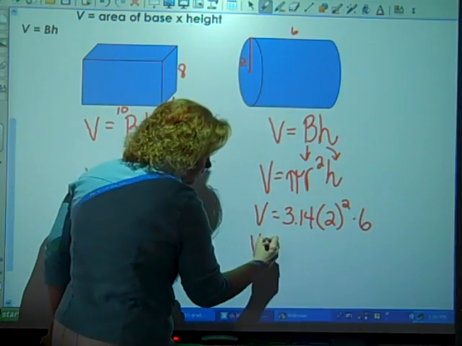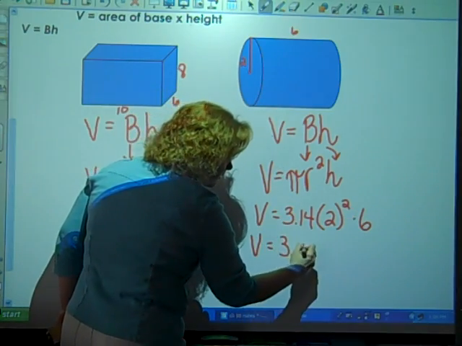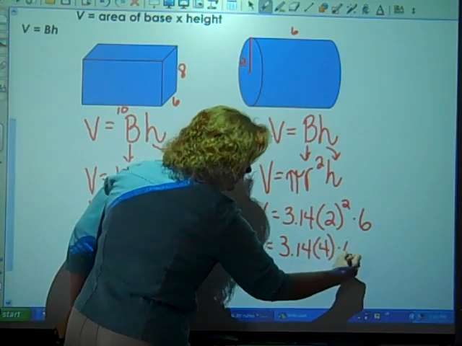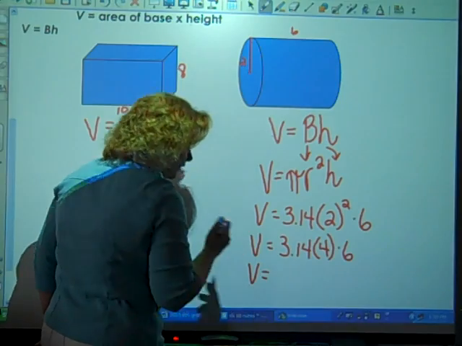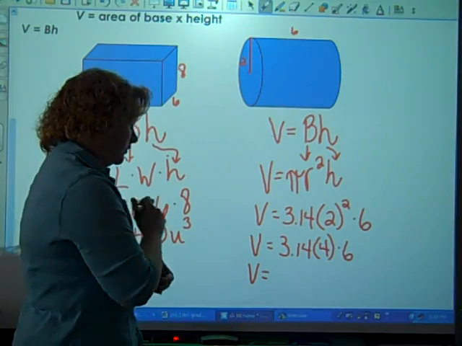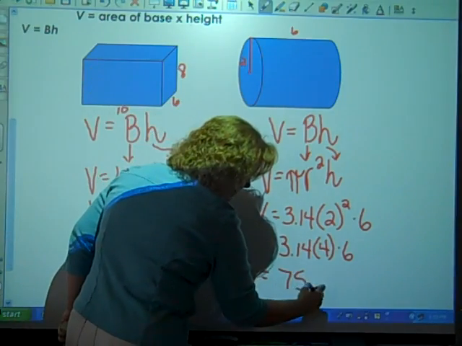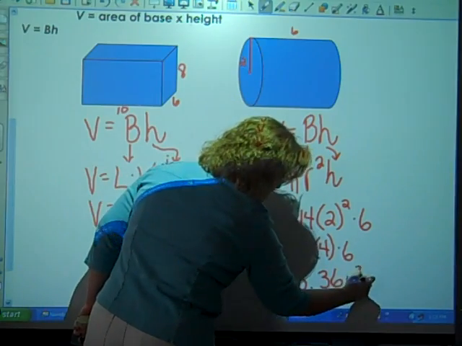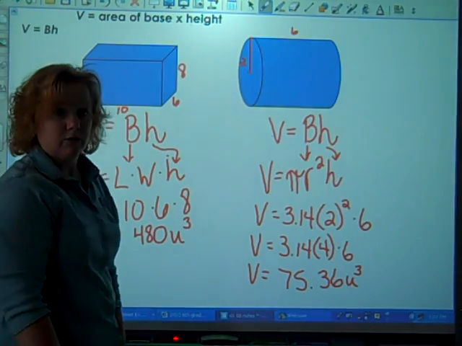I'm just going to solve. 2 squared is 4, and then times my 6. Somebody put that in their calculator for me, and what do I get? 75.36. Again, there's no label, so we're going to put units cubed.